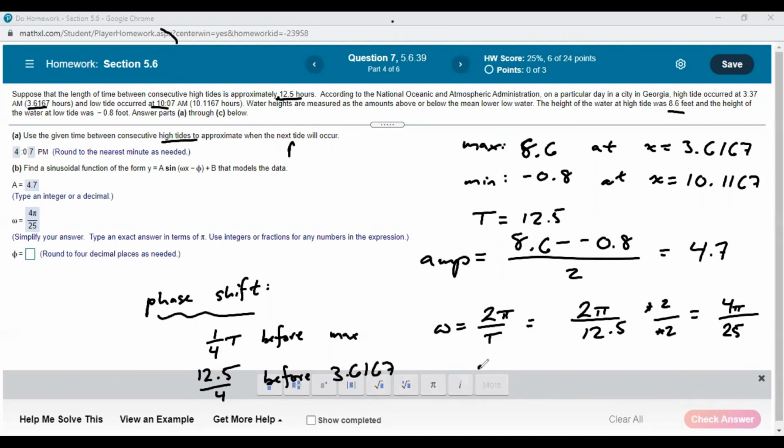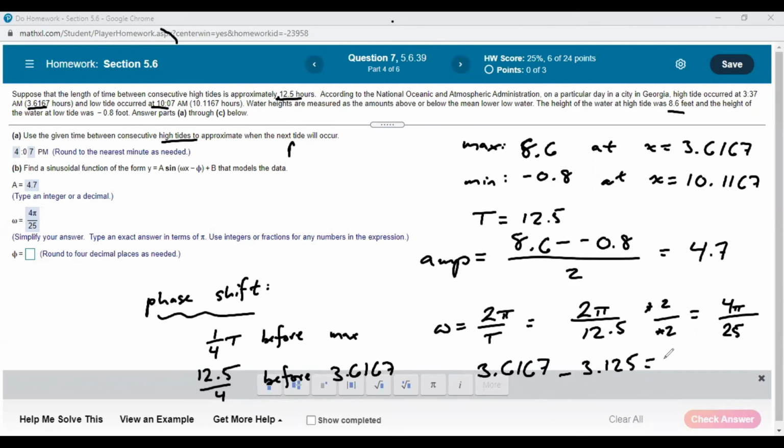So that's going to be 3.6167 minus 3.125. That's the 12.5 over 4.